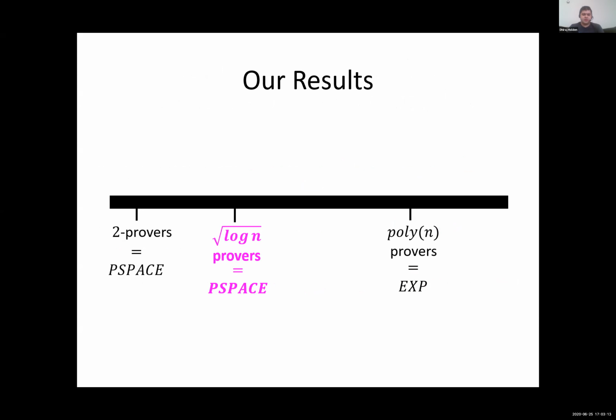What we showed is that we extended the result of two provers to square root log n provers. Again, remembering that this is with negligible soundness, and that we don't have results for other soundness regimes. And we still have a question mark in the middle.